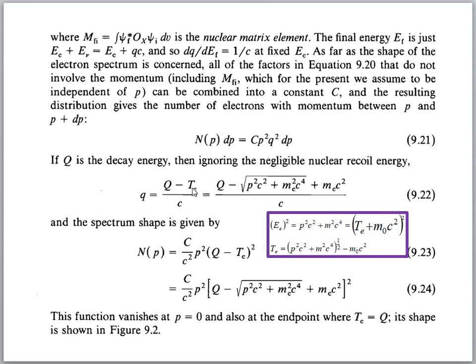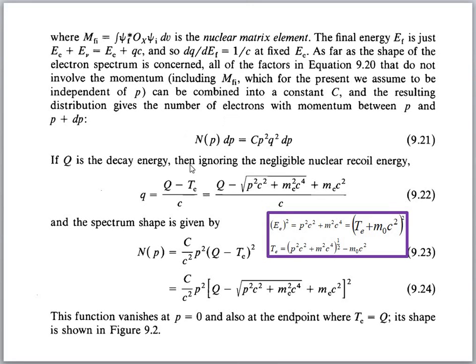When we substitute for Te here, we get the small q, the momentum, in terms of the capital Q, the energy of beta decay or Q value of the reaction: q = [Q − √(p²c² + me²c⁴) + me c²]/c. There is a negative sign, so this becomes positive, divided by c.